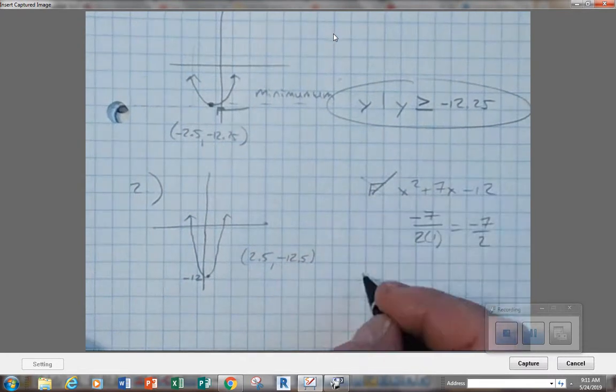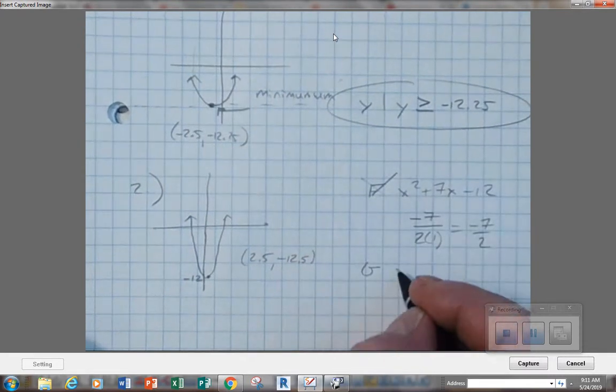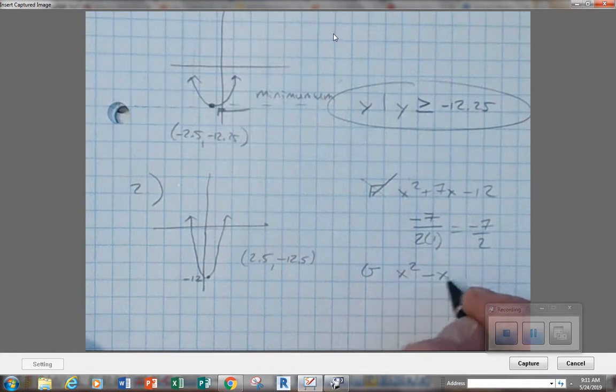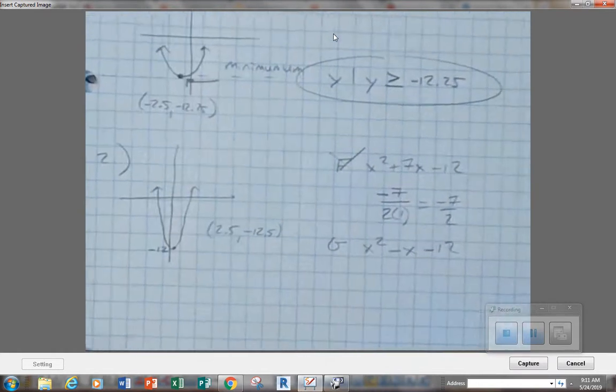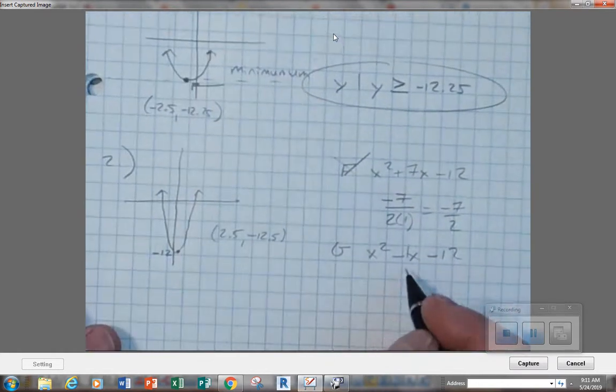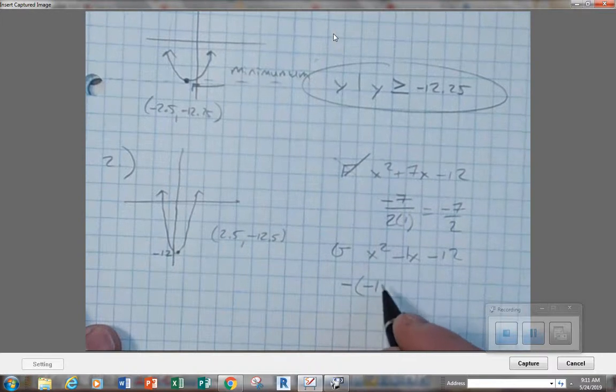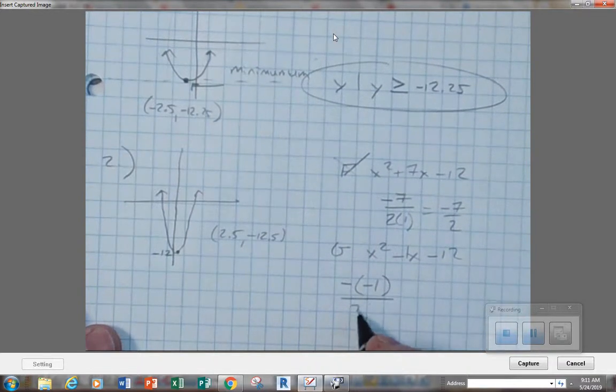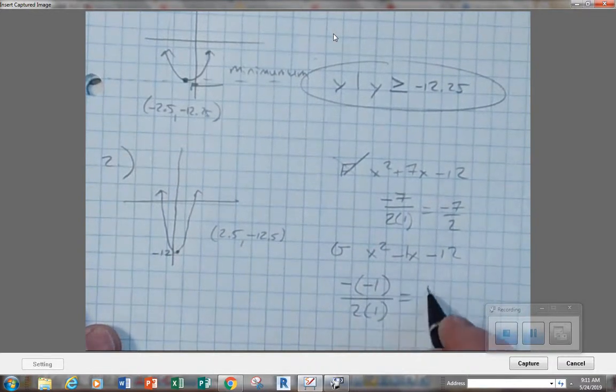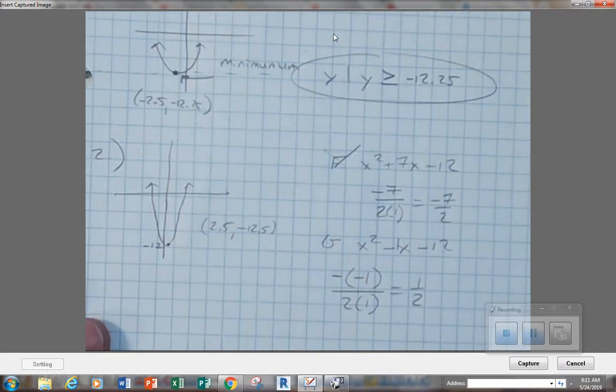If I look at choice G, which is x squared minus x, that b term would be negative 1 over 2 times 1. That gives me a half. So that's looking pretty good, this could be about a half right here, 1.5 maybe, or 0.5.